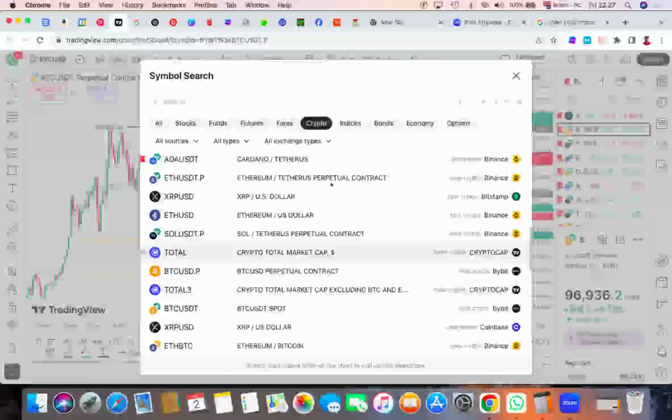Do you have anybody else who has any pair in mind? Please, you can type in the chat box. I said XRP. I'll just definitely go with XRP.